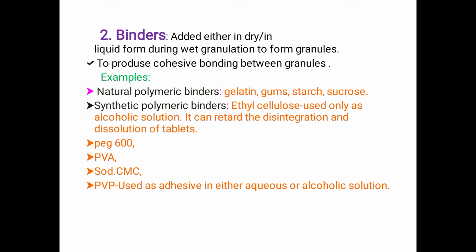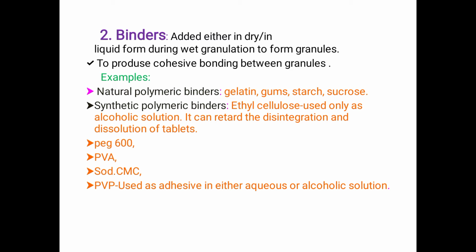Next one is synthetic polymeric binders. Ethyl cellulose is used only as an alcoholic solution. It can retard the disintegration and dissolution of the tablets. Next one is PEG, polyethylene glycol 6000, polyvinyl alcohol PVA and sodium CMC.